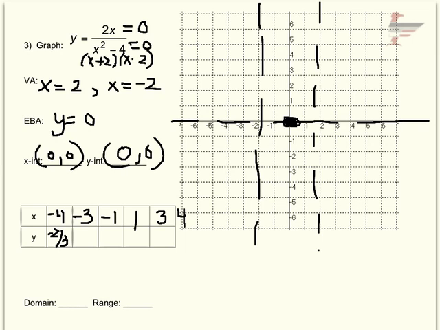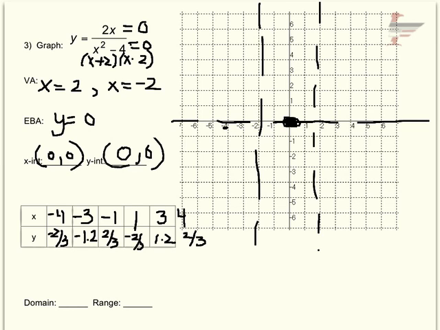When you put -3 in, you get -1.2. -1 is 2/3. +1 is -2/3. 3 is 1.2, and 4 is 2/3, so kind of a reflective thing going on here.